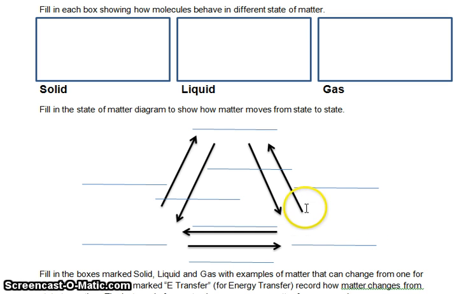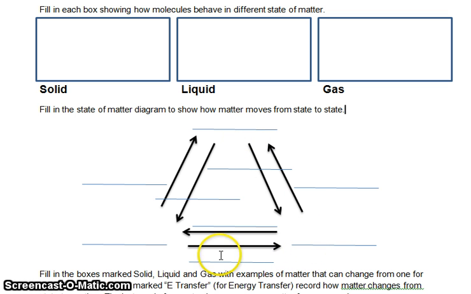The next thing you're going to do, these arrows show how material could move from one of these states to another. This line right here is where you're going to write down what we call that process when matter moves from this state to this state. This line right here is where you write down what we call the process as matter moves from this state to this state.